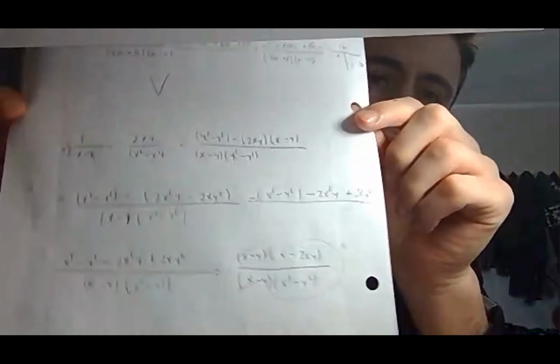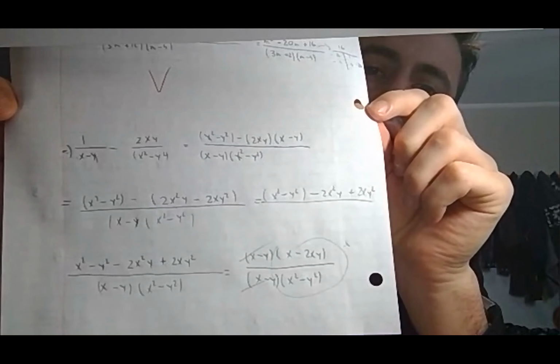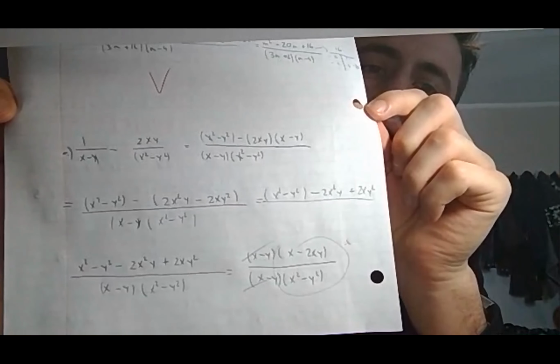Square, x squared minus y squared. Okay, all right, then. So it becomes x squared minus y squared minus 2xy times x minus y.